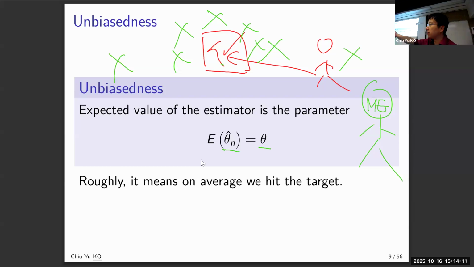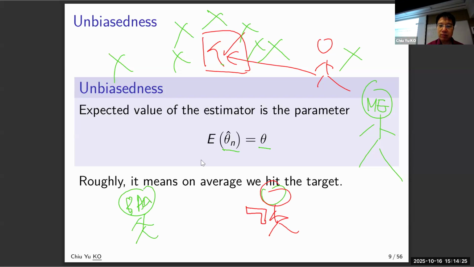Suppose I want to shoot some people, say this guy, he's a bad guy. I don't know who is good at shooting. A good policeman would shoot the bad guy every time and kill him.